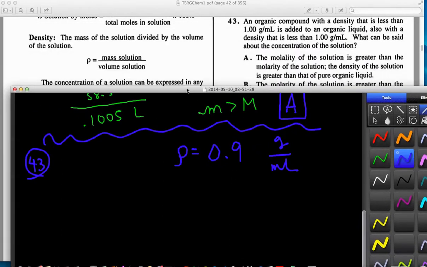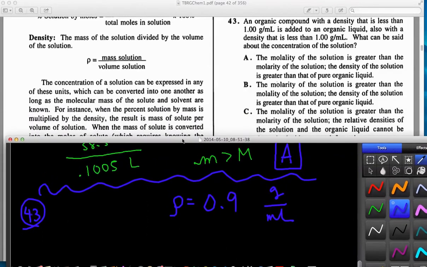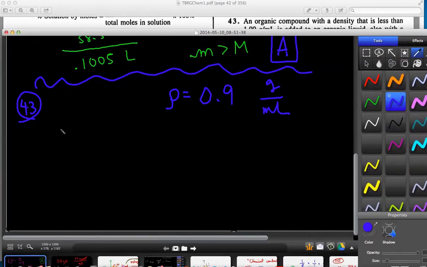And we are adding, let's say we add 1 mole. So for molality, all I care about is mass. And let's say that I add 10 milliliters. Well, that's going to be 9 grams, which is 0.009 kilograms.